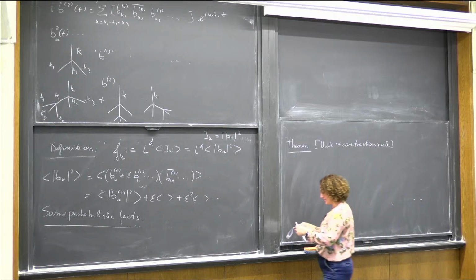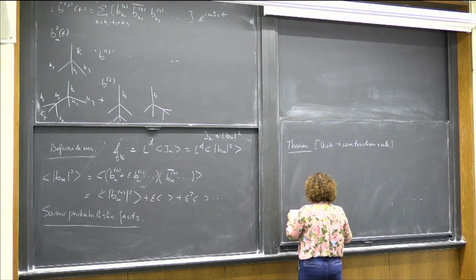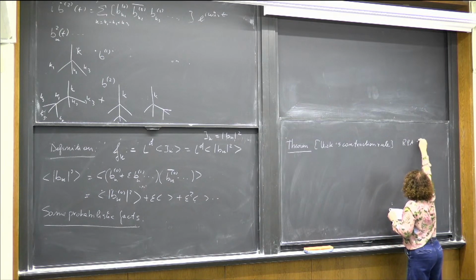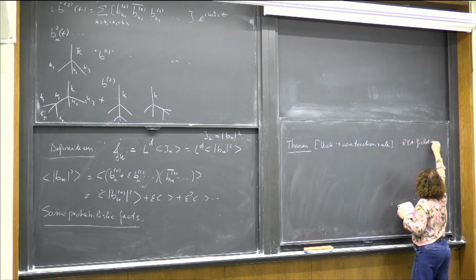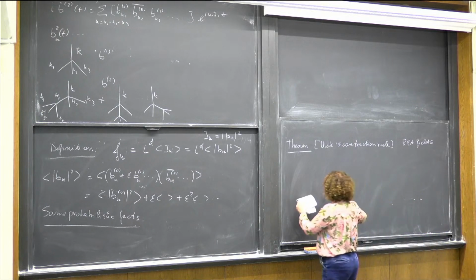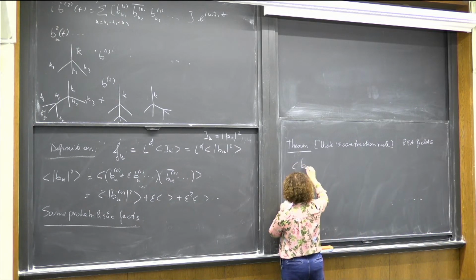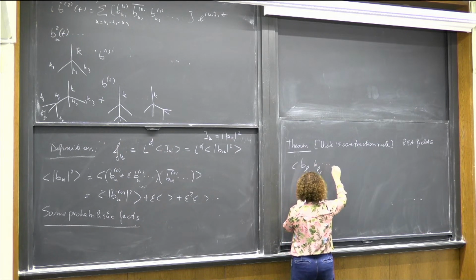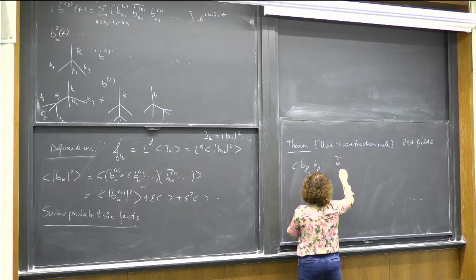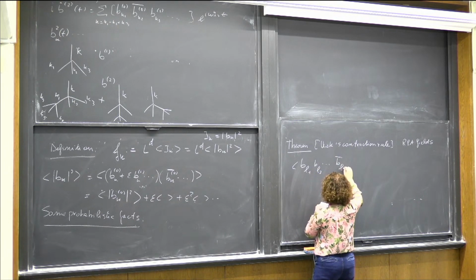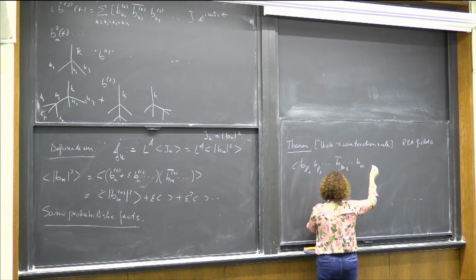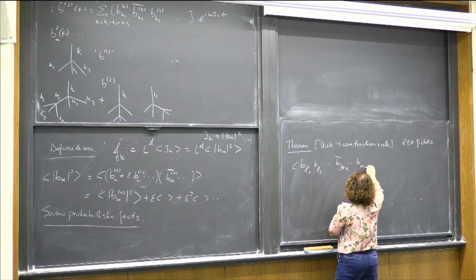It says the following. So if I have RPA field, then when I have, for example, B_L1, B_L2, and so on and so forth, and then the bar of them, let me call this B_M1, B_M2, and so on.